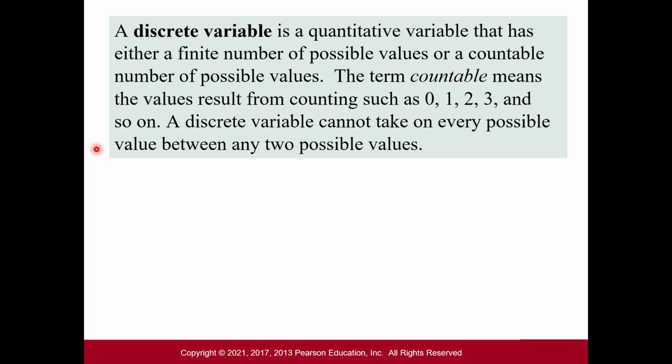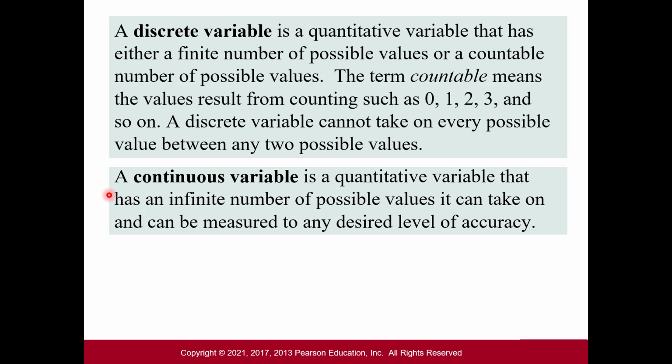So let's contrast that with a continuous variable. A continuous quantitative variable has an infinite number of possible values that it can take on and can be measured to any desired level of accuracy. So just a quick example, think about shoe size compared to the length of someone's foot.